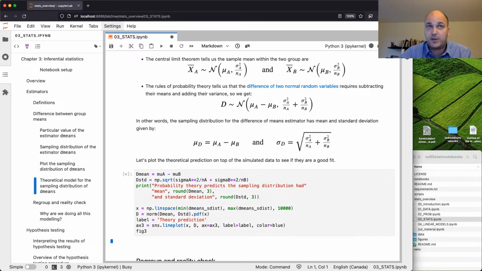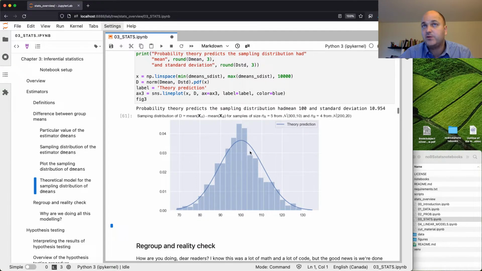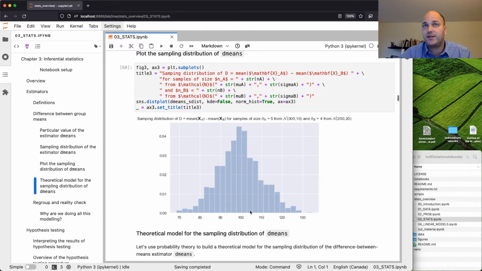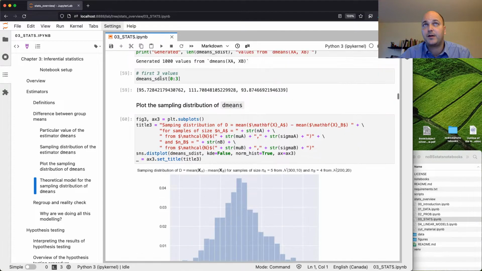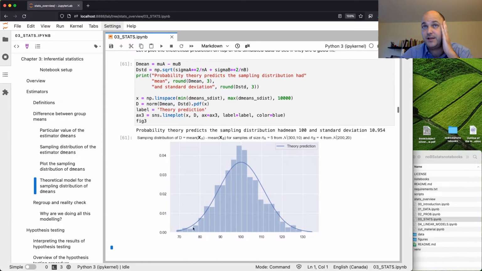But is this math any good? It seems to be pretty good. You see what happened? We obtained this distribution by literally simulating the repeated samples, and the curve here is obtained through math.